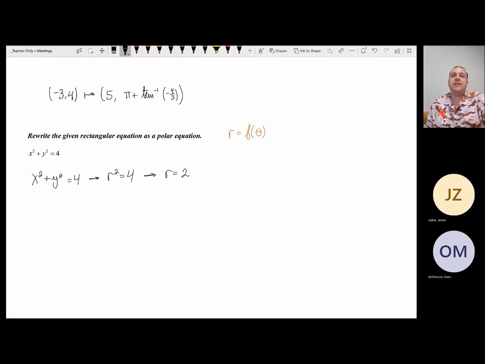That is a circle of radius 2. So this is the set of all points in polar such that the distance from the origin is 2, which is clearly a circle of radius 2.